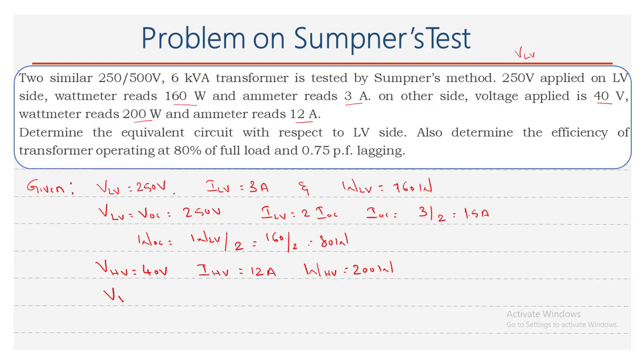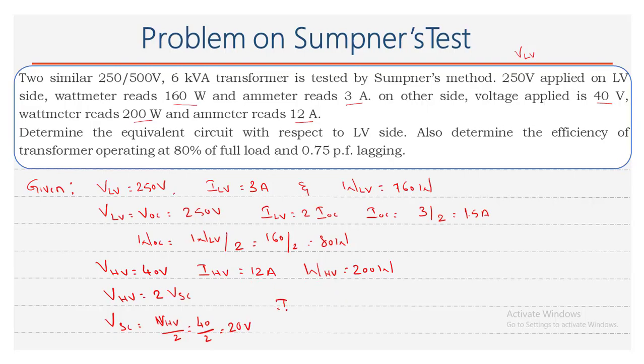That is, the voltage on the HV side is equal to 2 times the voltage on the SC side, where VSC is the voltage across each winding on the secondary side. Hence VSC is equal to VHV divided by 2, that is 40 by 2, that is equal to 20 volts.